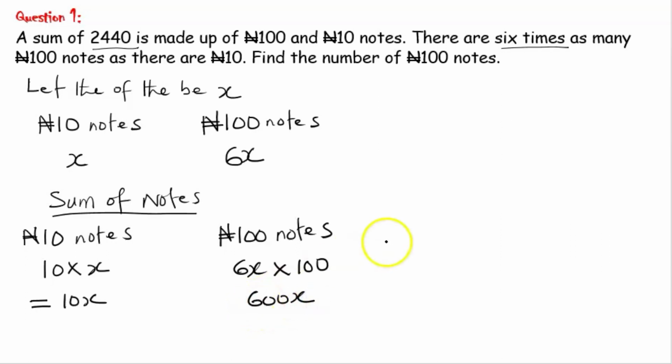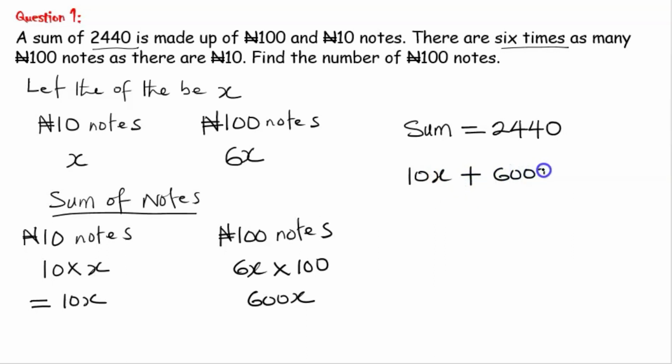The question went further to tell us that the sum of all the notes is equal to 2,440. That implies that my 10X, the sum of the 10 naira notes, added to the total sum of the 100 naira notes, will be equal to 2,440.